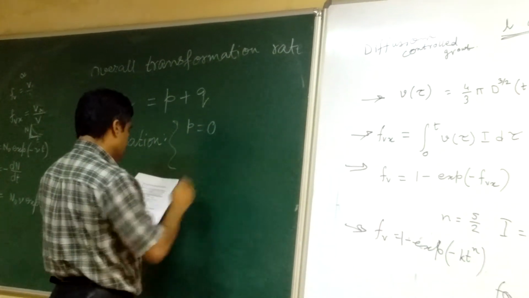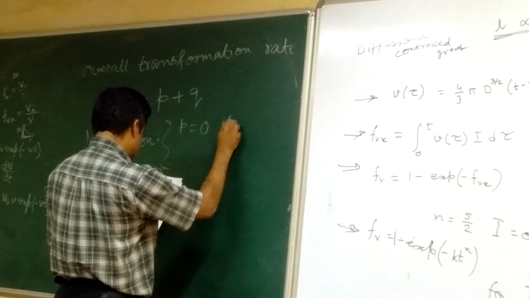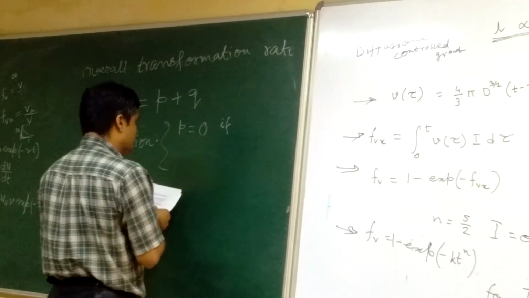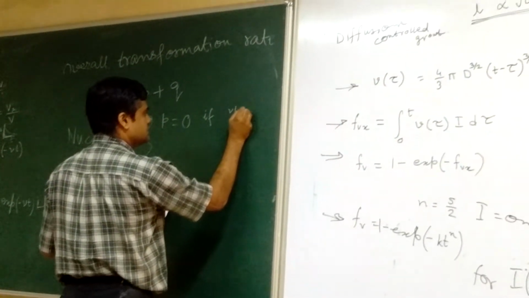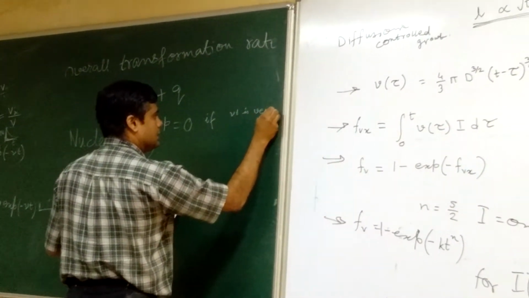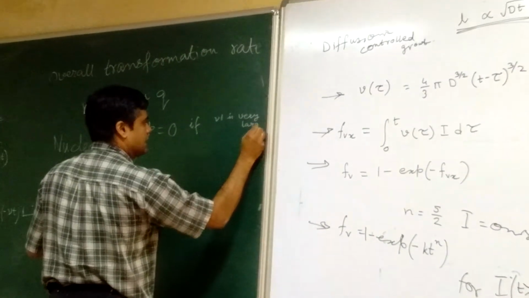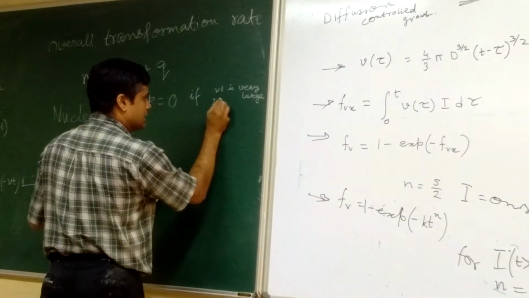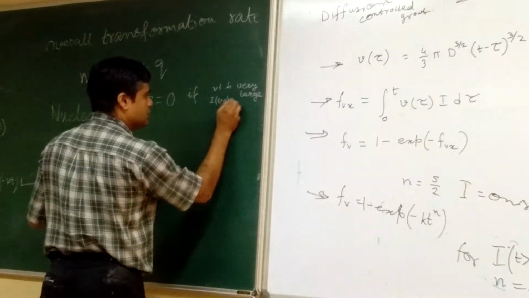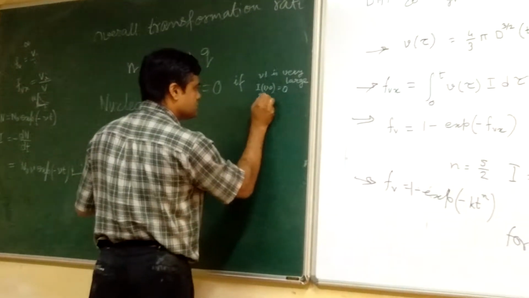P will be 0 if all the nucleation events occur at the beginning, so nu t is very large. That means I(t) for t greater than 0 is equal to 0. That means site exhaustion.